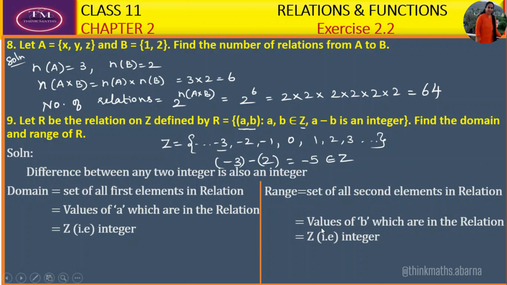Okay. So we cannot define a fixed set for this because the integers are endless. So we can form so many sets. So we cannot form the ordered pair for this relation. So just in general we can write all values of A and all values of B which are in the relation. Okay, they are also integers.